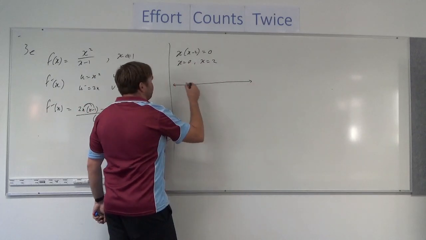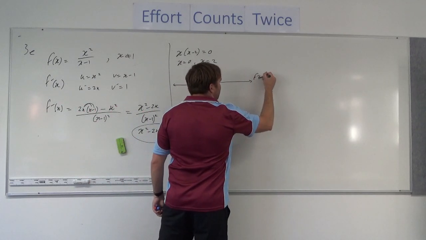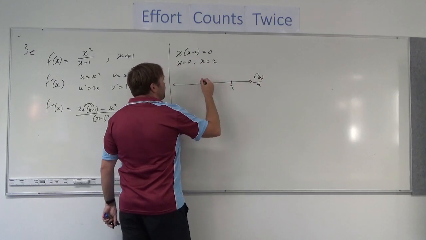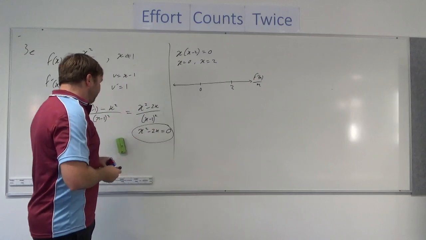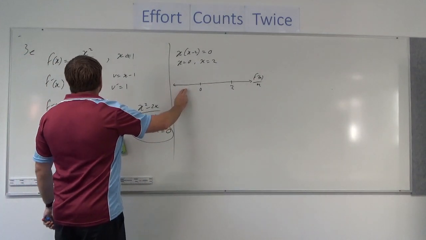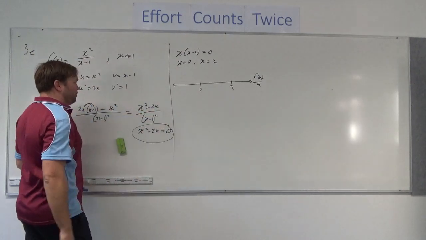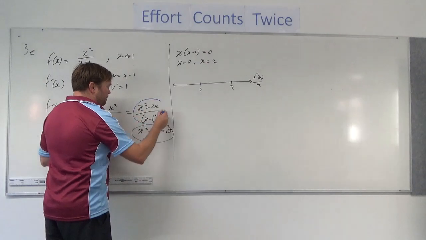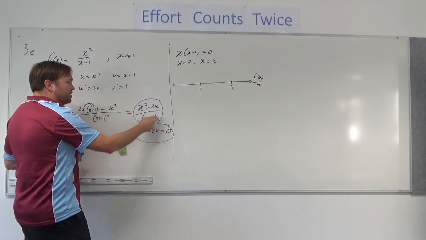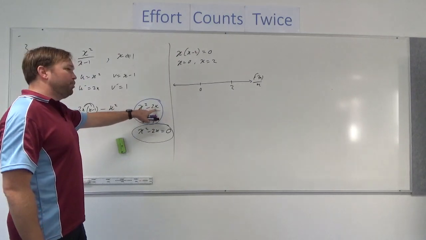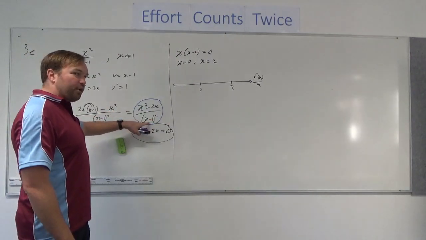F dash x, there it is, 2, 0. Now we sub in, so we're going to sub in values below 0, so minus 1, and you're going to sub into the derivative, so probably here. Careful not to sub in here, sub in here. So if I'm subbing in minus 1, 1 plus 2, that's positive, and the bottom is always positive.